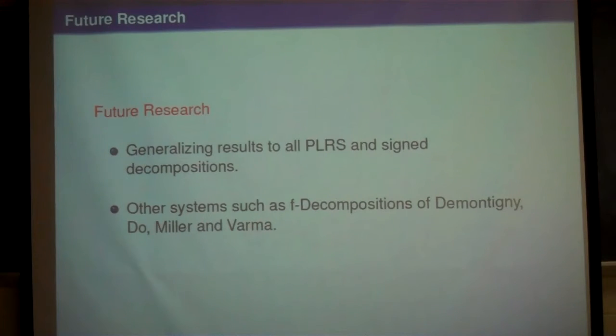The algebra just gets more and more involved as you loosen your restrictions. So it would be nice to generalize our results to all sequences, and the other thing we would like to do is that some other students of Miller have come up with different decompositions, and it would be nice to look at the statistics of these.